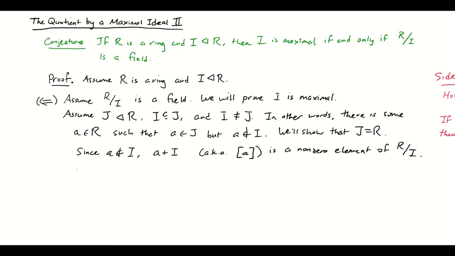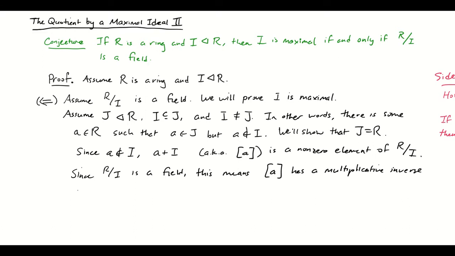Okay, so now we're getting somewhere because we have a non-zero element of R mod I, and R mod I is a field. Since R mod I is a field, this means the class of A has a multiplicative inverse in R mod I, which we will call the class of B. Okay, so what does that mean?